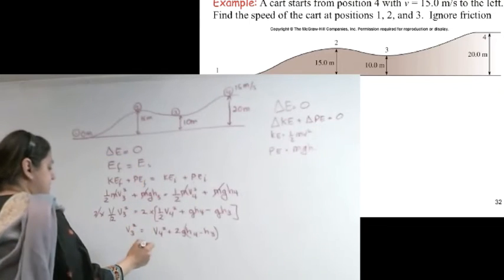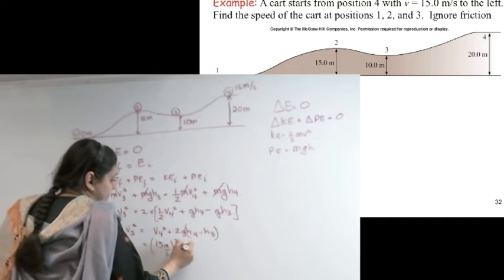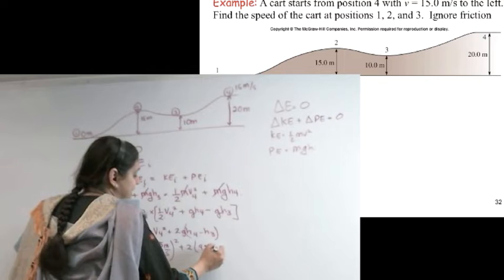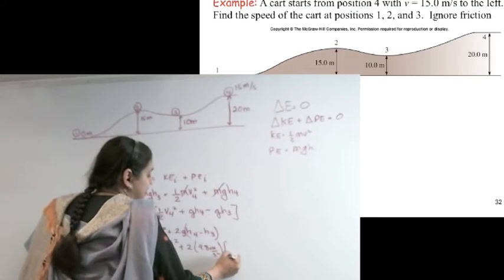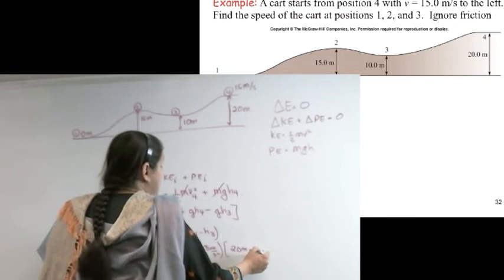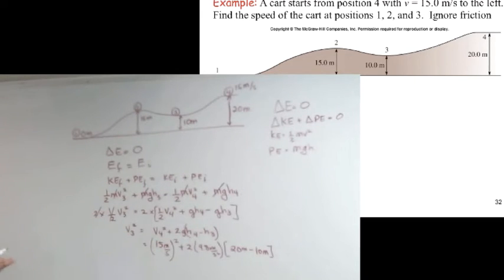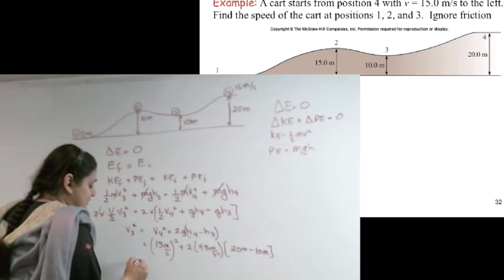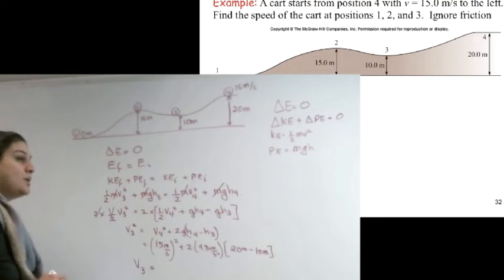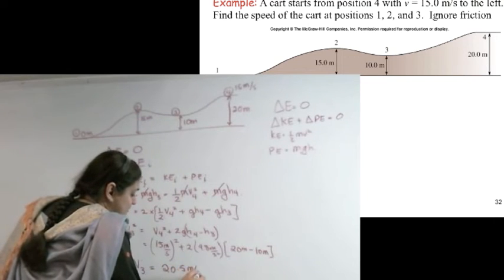So I can plug that in here: 15 meters per second squared plus 2 times the acceleration due to gravity, 9.8 meters per second squared, times h4, which was 20 meters, minus h3, which was 10 meters, right? Do a quick calculation, plug it into your calculators, and you should come up with v3 equals 20.5 meters per second.